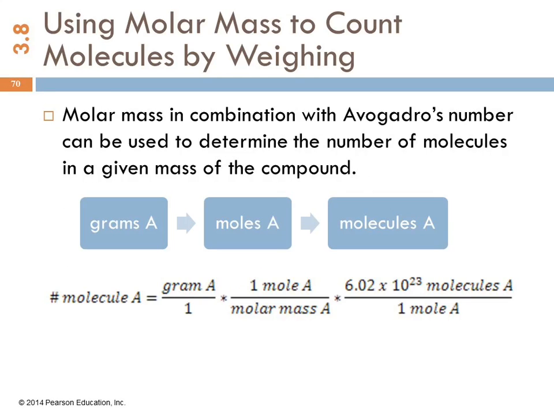We can use the molar mass to count molecules by weighing them, just like we were using that to count atoms. So here, if we have a mass of A, we can figure out how many molecules of A there are. We need to go through moles first.